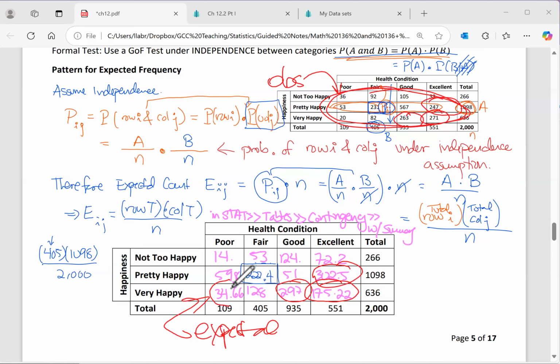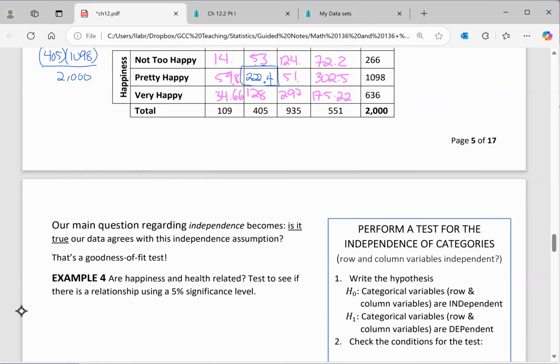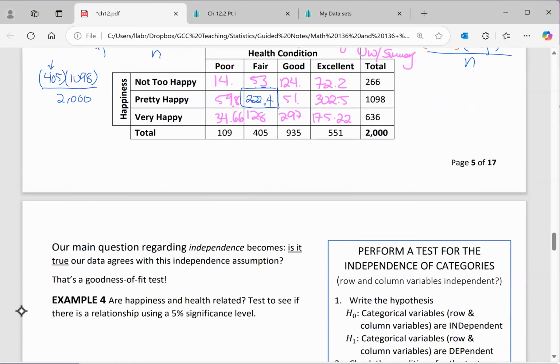But you can tell right here is 34.6 versus 20. So there definitely is a lot of disagreement here. So once you've determined the expected counts, this is a goodness of fit test. And we will just proceed as before. All right, so in the next video, we'll do the actual hypothesis test for this data set.